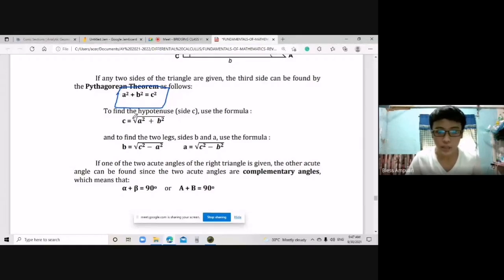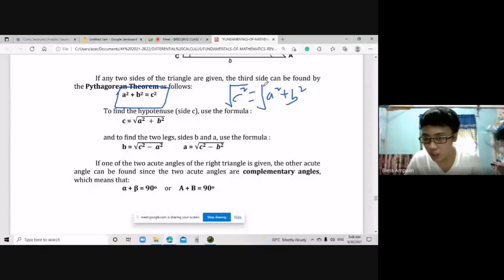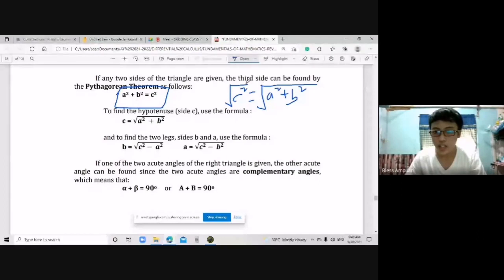One of the rules in algebra: to cancel the square, put the square root on all the terms, including a squared plus b squared. You cannot just take the square root of a squared or b squared alone. So the hypotenuse c is equal to the square root of a squared plus b squared.